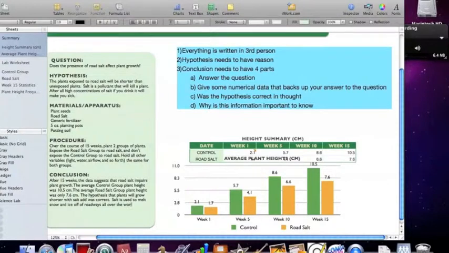Alright, and so we gave some information about what is used. So why is that important? Well, if it's used all over the place, that means every plant around the world where they melt off ice and snow is being affected. So let's just say that.